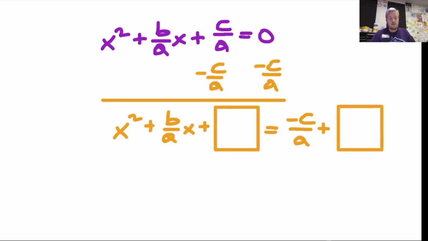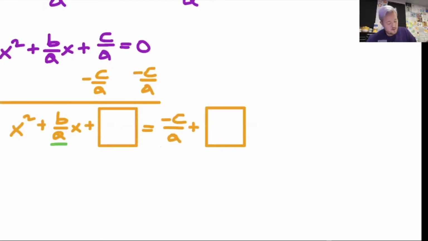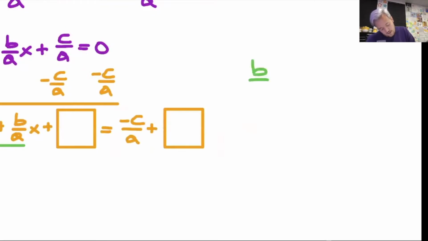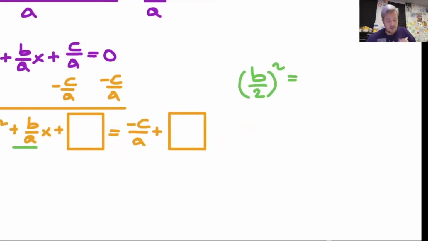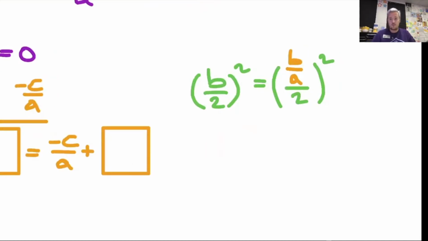All right, so I need to find out what's going to go in that square term. I'm using my b value, so I need to do b divided by 2, all squared. Now, your b value is b divided by a. So when I write it out, I'm going to write b over a, and I'm going to square that.